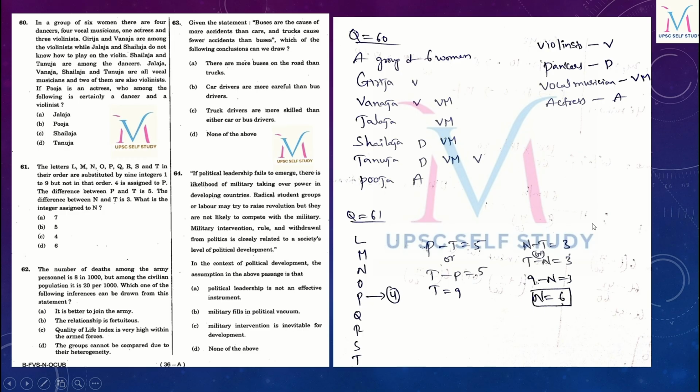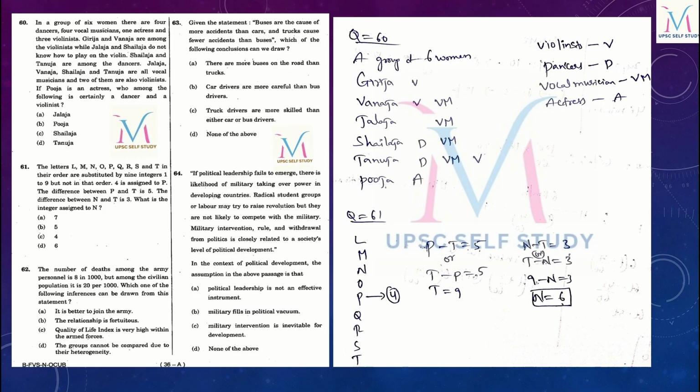And now question number 62. The number of deaths among the army personnel is 8 in 1000, but among the civilian population it is 20 per 1000. Which one of the following inferences can be drawn from the statements?